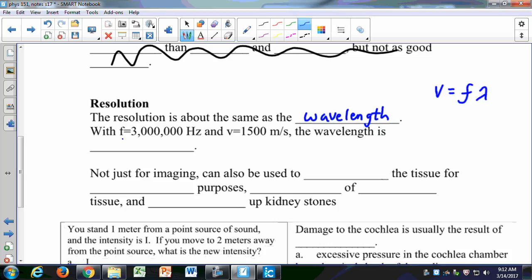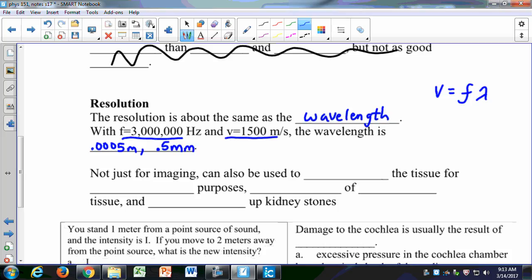So if I have a frequency of 3 million hertz and a speed of sound of about 1,500 meters per second, now that's the speed of sound through your body, which is mostly water, so faster than it travels in air. So with that, the resolution is about 0.0005 meters, or about a half a millimeter.